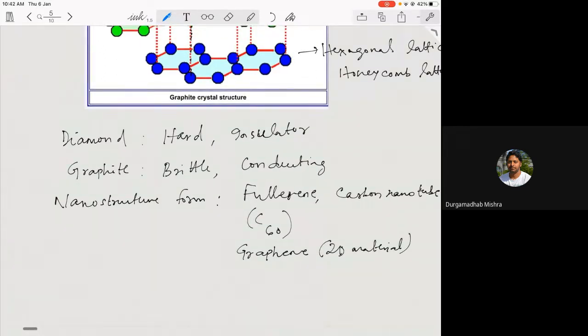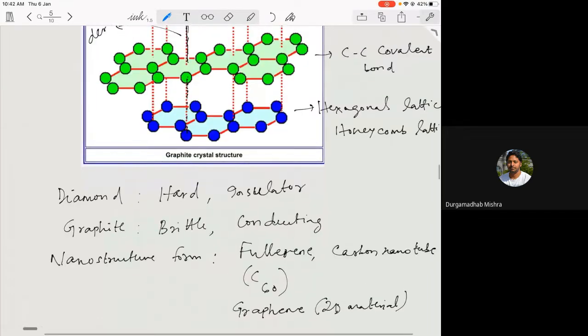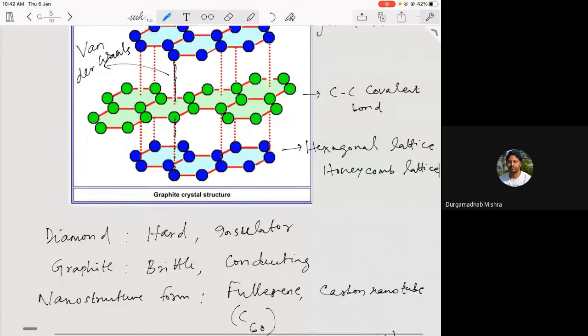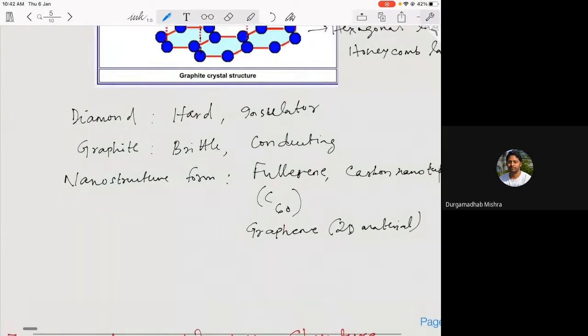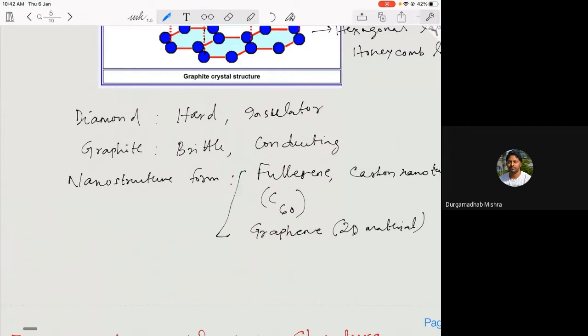So graphene is like the building block of graphite. If you put many graphene layers, you get graphite. So the same atom, but when you change the arrangement, of course, if you look at their electrical properties or their mechanical properties, they are also different.